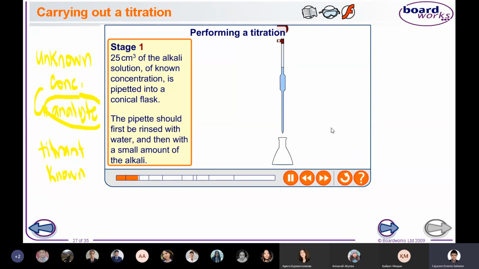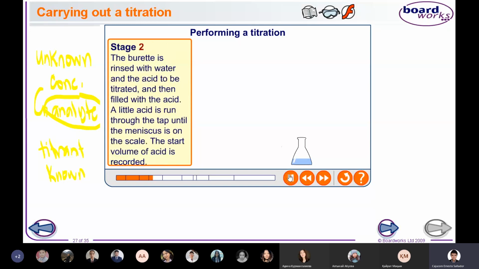Basically, you get the sample first from the beaker, and then we place it in a conical flask. So the first thing, you have to place your sample in the conical flask. After doing that, the pipette should be rinsed with water and then with a small amount of the alkali. This is the base that we need.